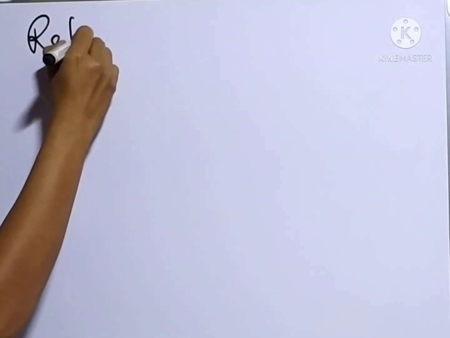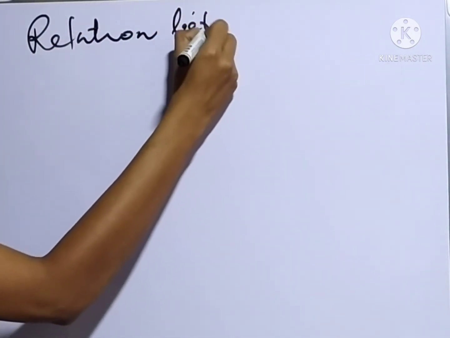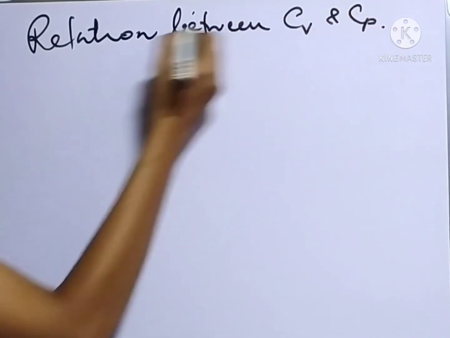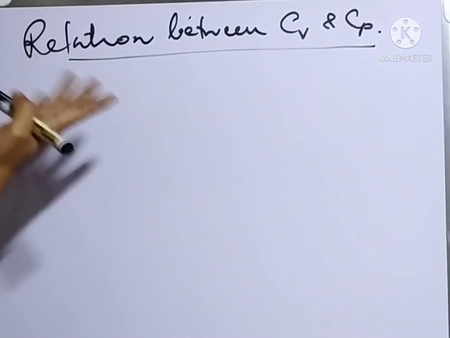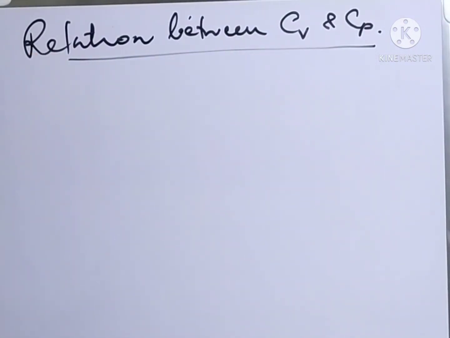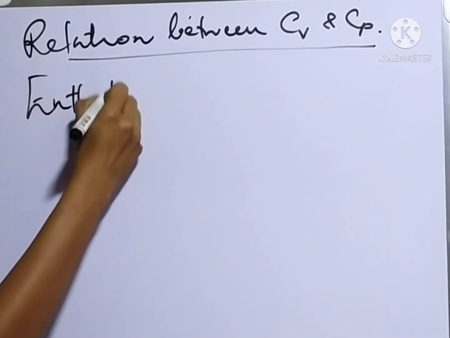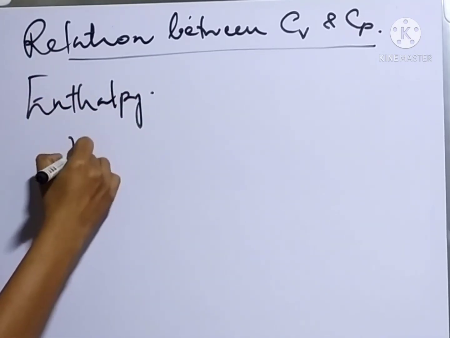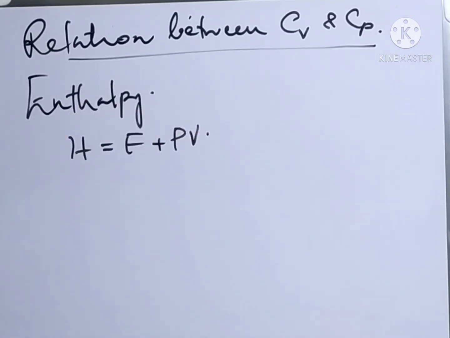Now let's check the relation between Cv and Cp. To find the relation between Cp and Cv, I am going to take the enthalpy equation, which contains both the E term and the H term. So H equals E plus PV.